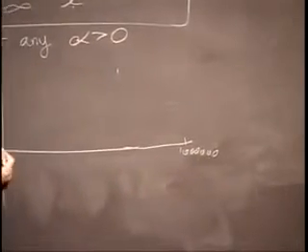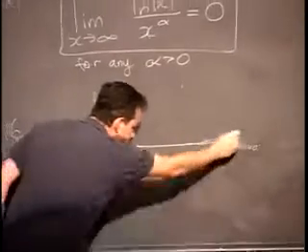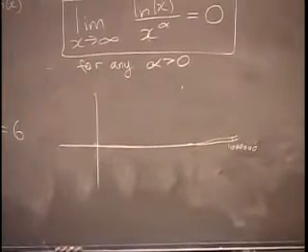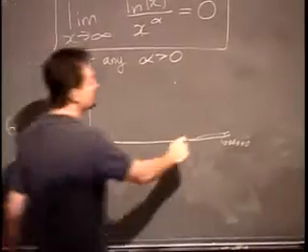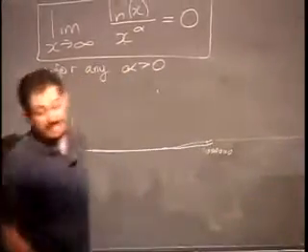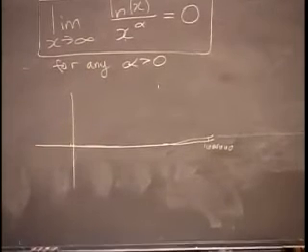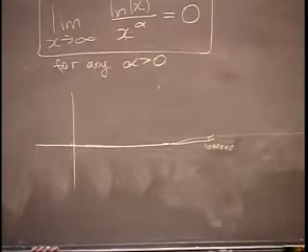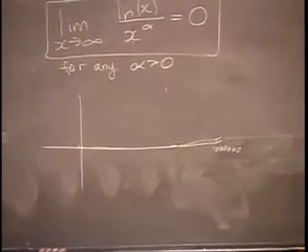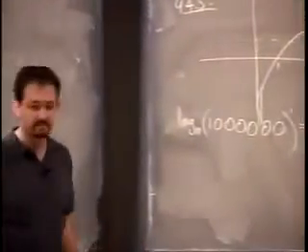Log is still only up to 6. That's how slow it is. If you want to find when log goes to 7, you have to go 10 times as far. Okay, that's on base 10. Of course, base e, it's a little bit bigger, but not much. Log of e to the 6 is 6. Log of e to the 7 is 7. E to the 7 is still twice as far. So log is a pretty slow function.